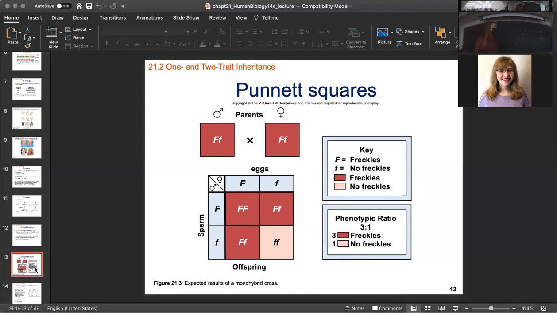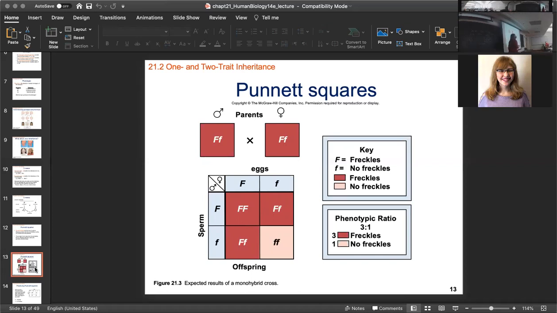The parents at the top, they have freckles. We know that they have freckles because, first of all, their box is colored in red, and over here in the key it says that if the box is red, you have freckles. That helps, right? And maybe that makes sense to you. We also know that because they have a big F, small f, big F, small f, and if you have a big F, it means you have freckles.